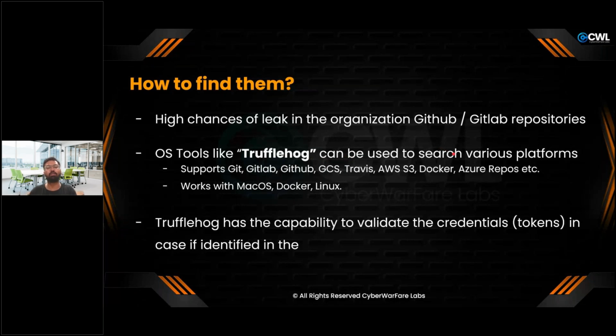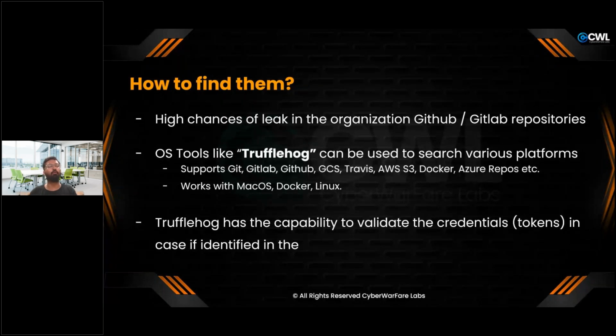It supports Git, GitLab, GitHub, Google Cloud Storage, Travis, AWS S3, Docker, Azure repositories, etc. What Trufflehog does is it pillages open source repositories for any credentials it might find in the whole set of files or anything hidden inside. There's a particular format through which it can be found.